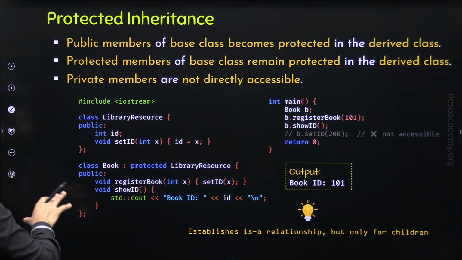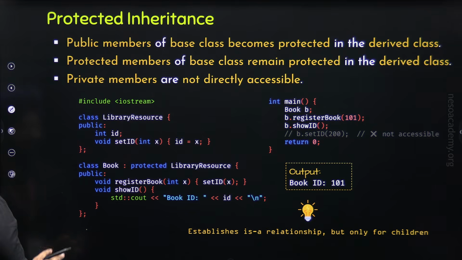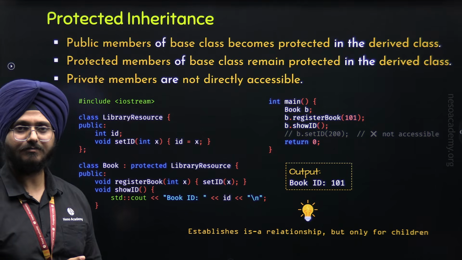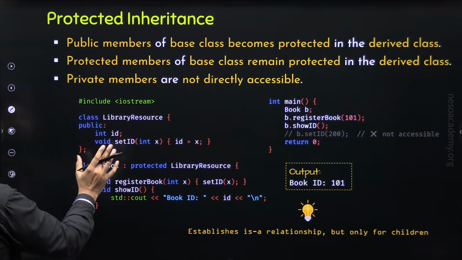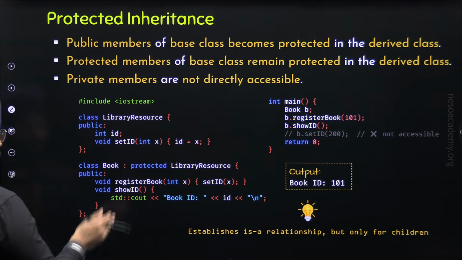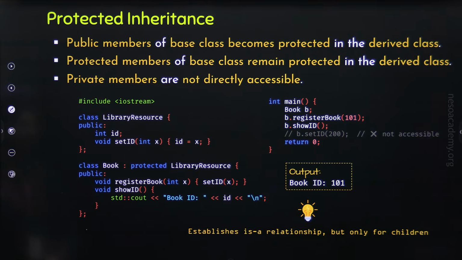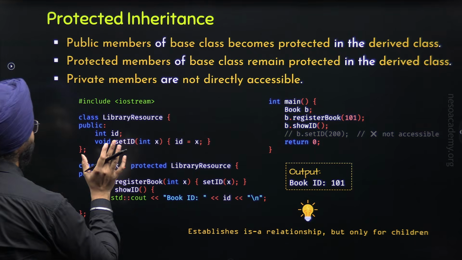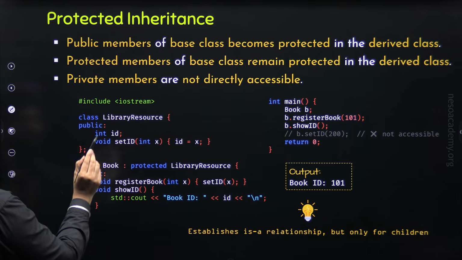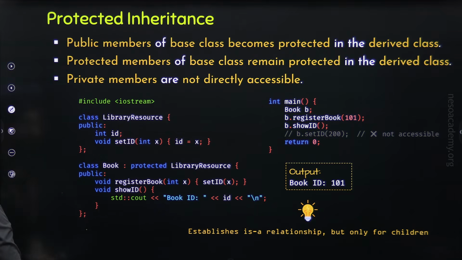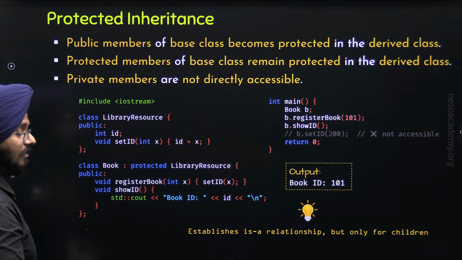Let's try to imagine one more class called Magazine. And let's say the Magazine class is inherited from the class Book. And there is also the protected inheritance. Because here we have the protected inheritance, these members are now treated as protected members of this class. And because Magazine is inherited from this class, the Magazine class would be able to access these members as well.